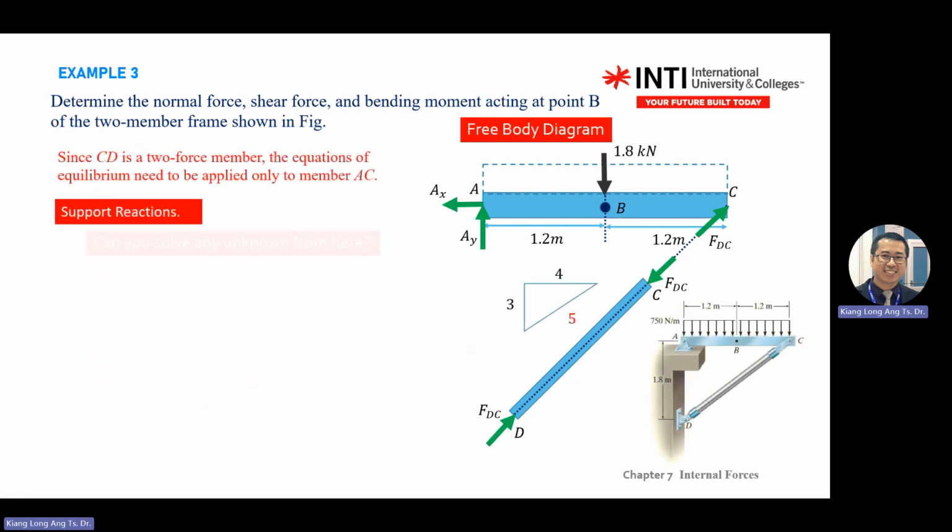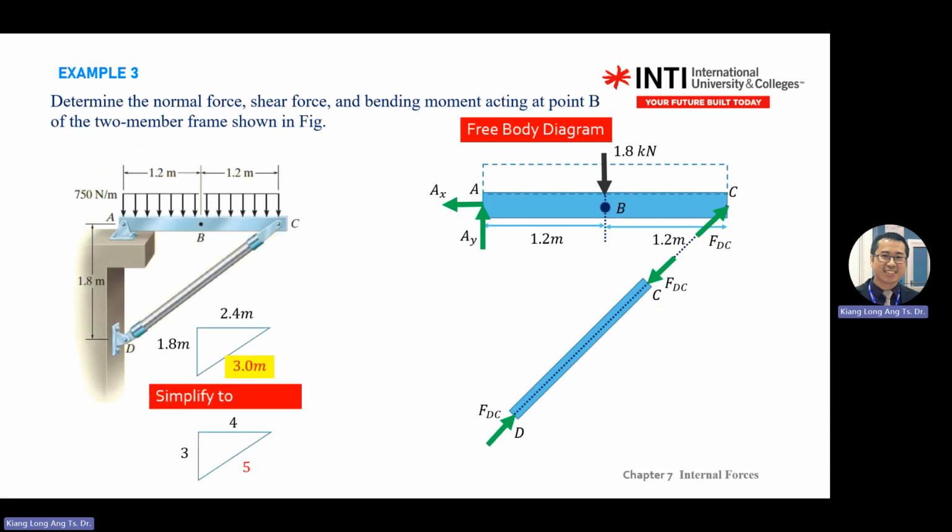Once you have that, solve for reaction forces, external force. Okay, you see that the distributed load already converted into 1.8 kilonewton. This whole section of 750 Newton per meter already converted into 1.8 kilonewton.